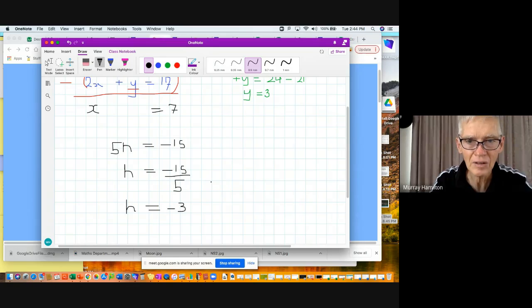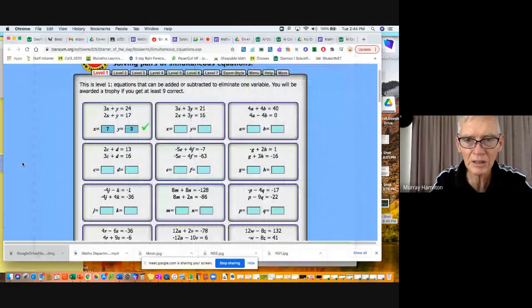Right, so once we've got h equals negative 3, we go back and we take negative g plus 2h equals 1. So I'll solve that.